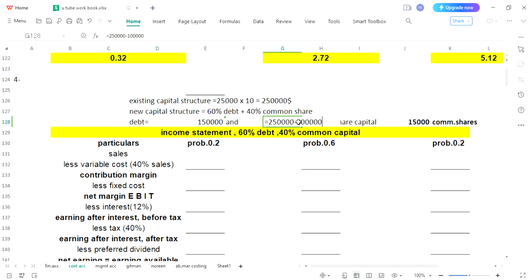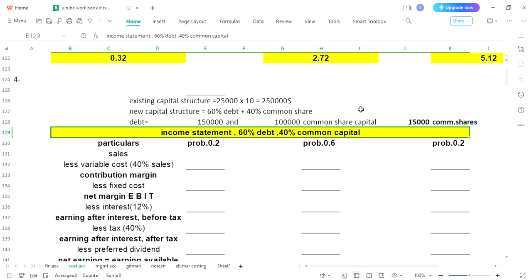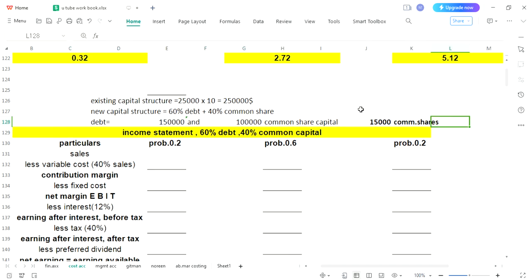So here you may directly calculate 40% or just subtract the 150,000 amount of loan. In this way our initial calculations are completed. The last thing which we are going to calculate is your common shares.